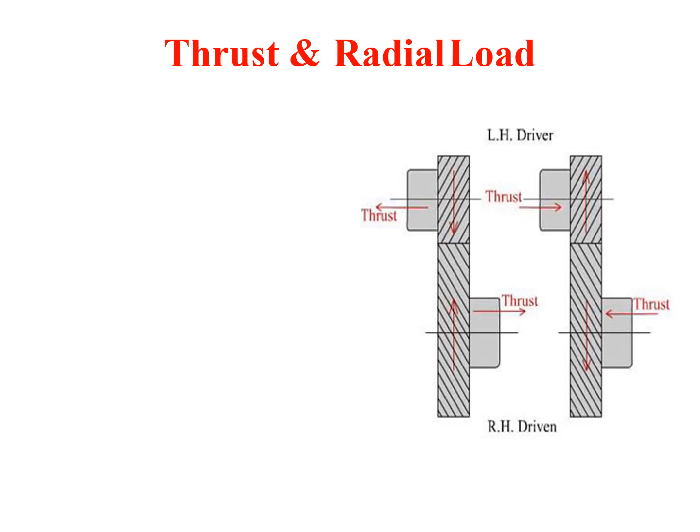Now there are two loads acting on the helical gear pair. One is thrust load and one is radial load. Here in the diagram you can see this is the pinion and this is the gear. Now this is for a right hand driven gear pair.